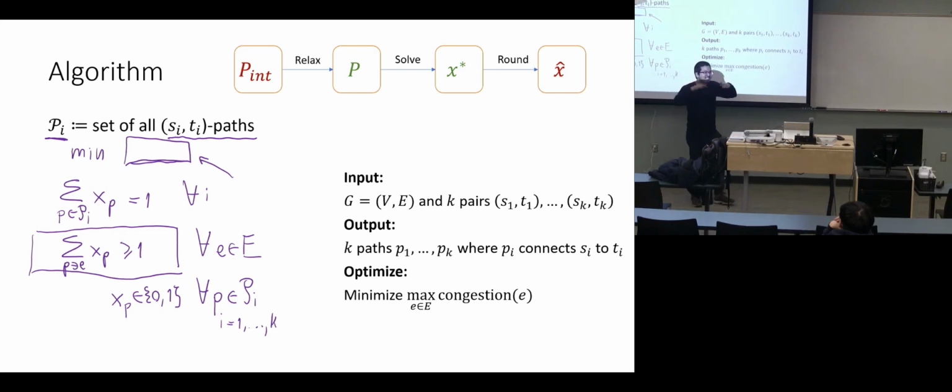But what you want is for every edge to be used not too much. So maybe we want this to be an upper bound, right? Okay, you are on the right track. Maybe what's next? What should I put here and here?